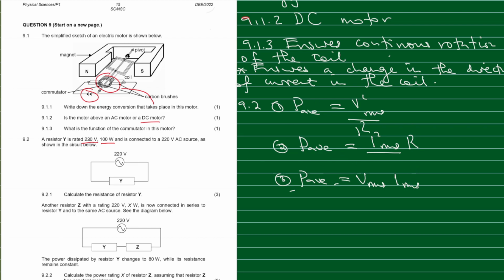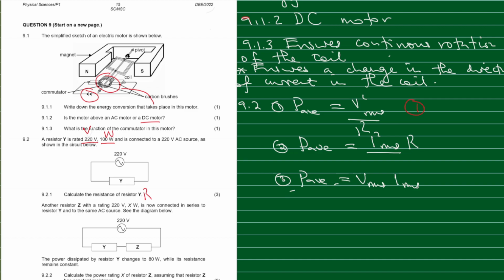From the variables given here, we can see that we are given V RMS, and we are given power, which is in watts, and now we are calculating R. So we can use the first equation here, which has P, V, and R. So let's use equation 1.